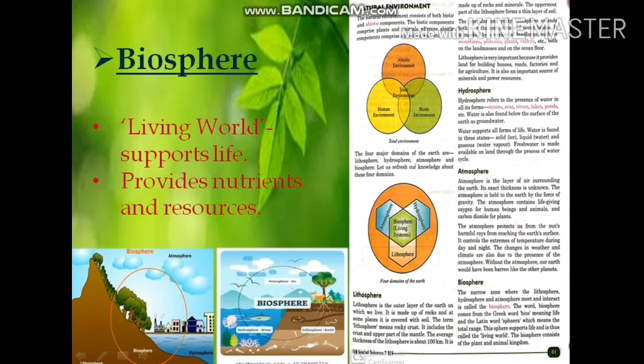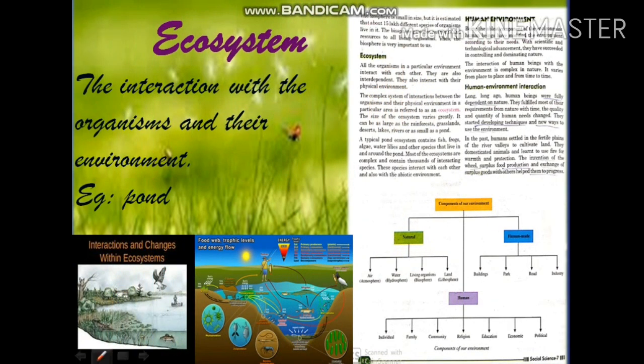Now we can discuss about ecosystem. Do you know what is ecosystem? All the organisms in a particular environment interact with each other and are interdependent also. Can you say one example for it? All the organisms are interdependent with each other and with their environment through food web.